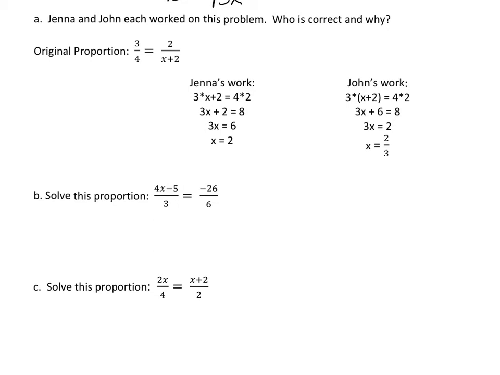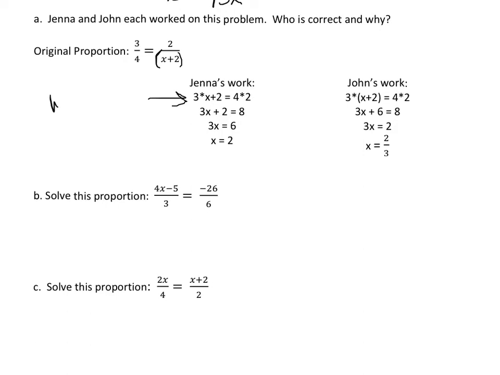Now, if we look at Jenna's work, it looks like the way she wrote it, she solved it correctly, but she got a different answer than John. So we have to figure out which one of them started the problem correctly. And we see an error right away in Jenna's work, right here. We know that x plus 2 is its own piece of the puzzle, so we have to keep the parentheses around it and then distribute the 3 like John did here.